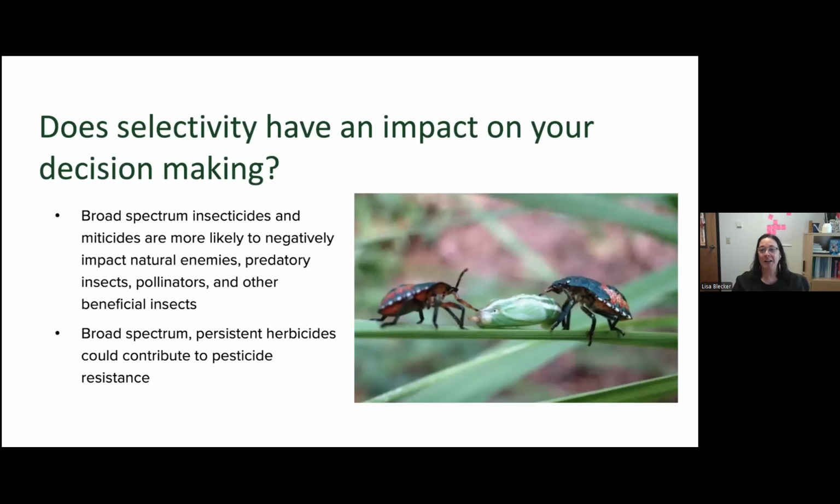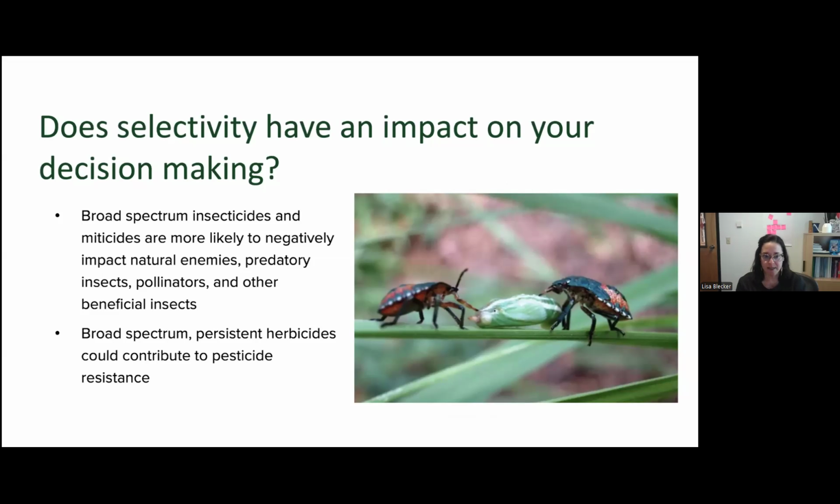So why am I talking on and on about selectivity? This is especially important when we're talking about insecticides, because broad spectrum insecticides and also miticides, so anything that's an insecticide and a miticide, you know it's broad spectrum. They're more likely to negatively impact other invertebrates in our environment that we want.